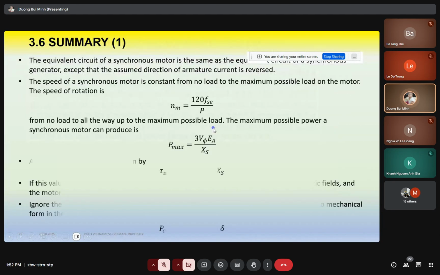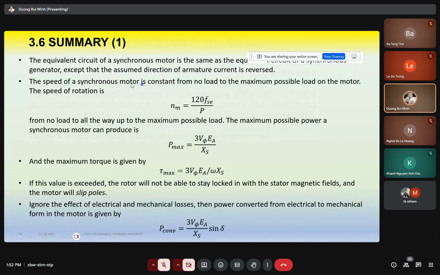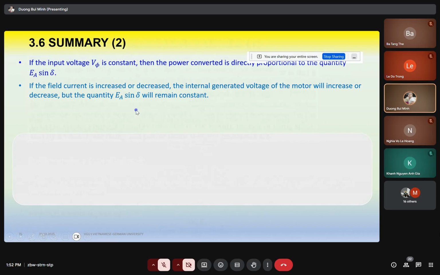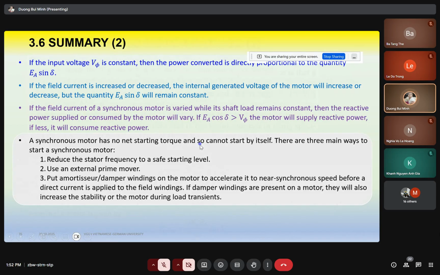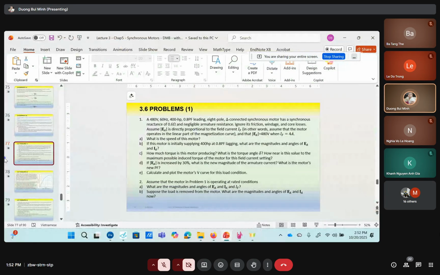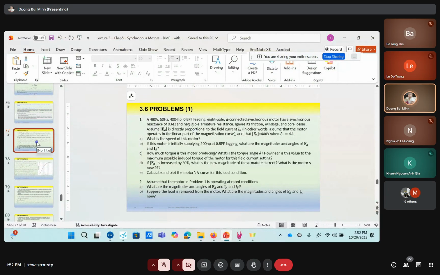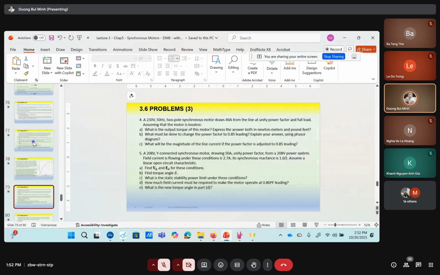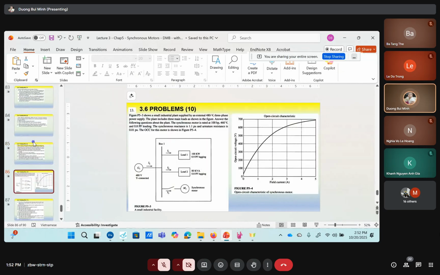So we finish lecture 3, and here we have some more information. You should read it at home. Now we do some exercises. Maybe I just pick one question and answer it for you, and the others are for your homework.